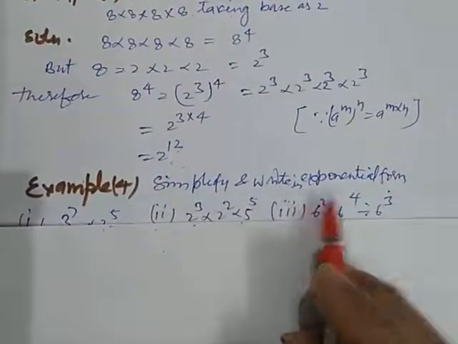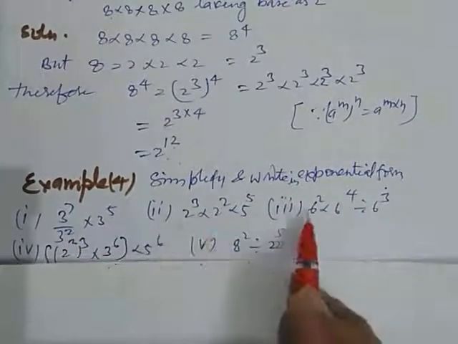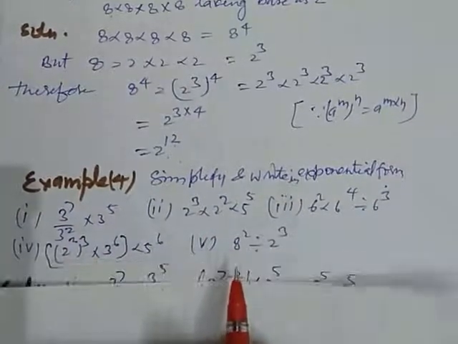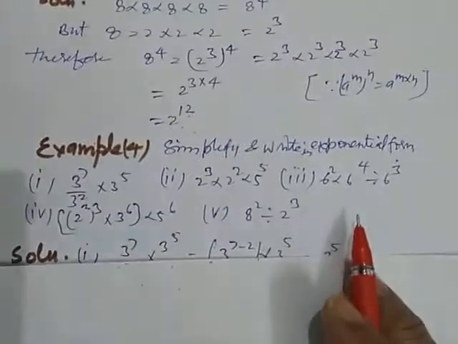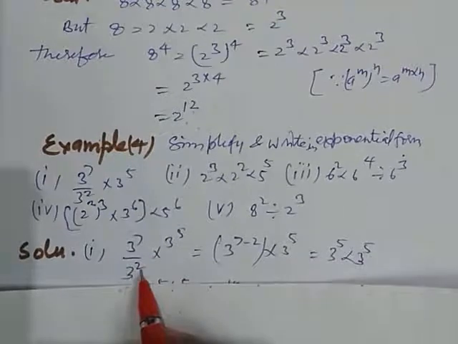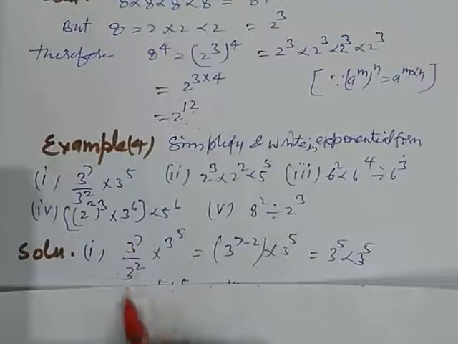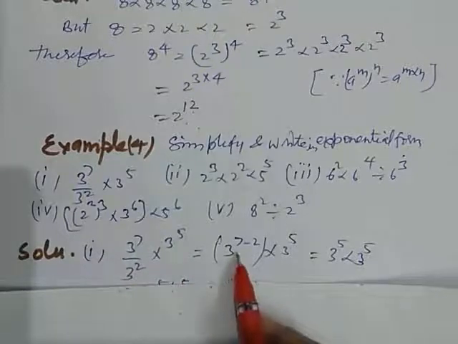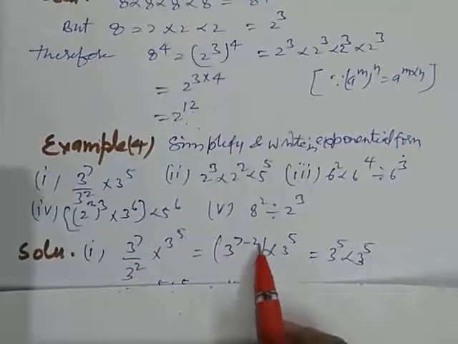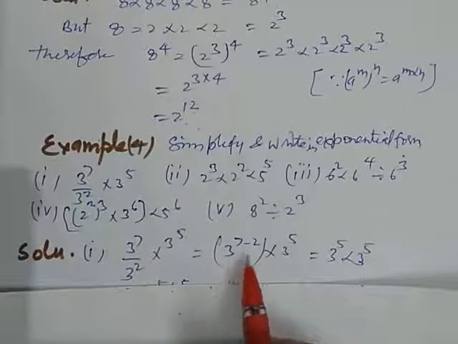Now we solve example 4. Simplify and write in exponential form. These are our questions, the 1st, 2nd, 3rd, 4th and 5th parts. First we take the first part: 3 raised to the power 7 upon 3 raised to the power 2, into 3 raised to the power 5. We solve this first. 3 raised to the power 7 minus 2, because we know the formula a raised to the power m upon a raised to the power n can be written as a raised to the power m minus n.